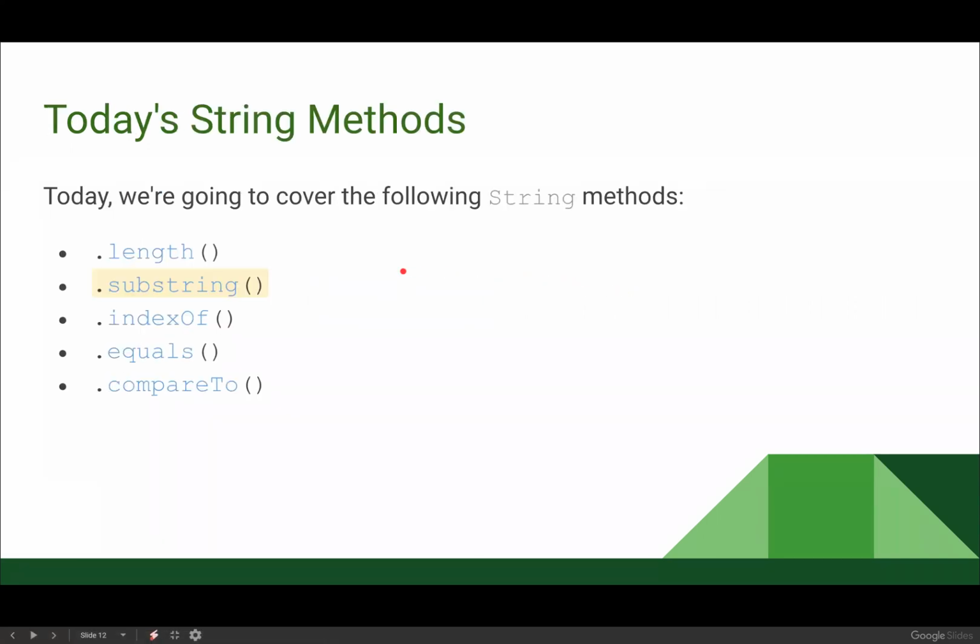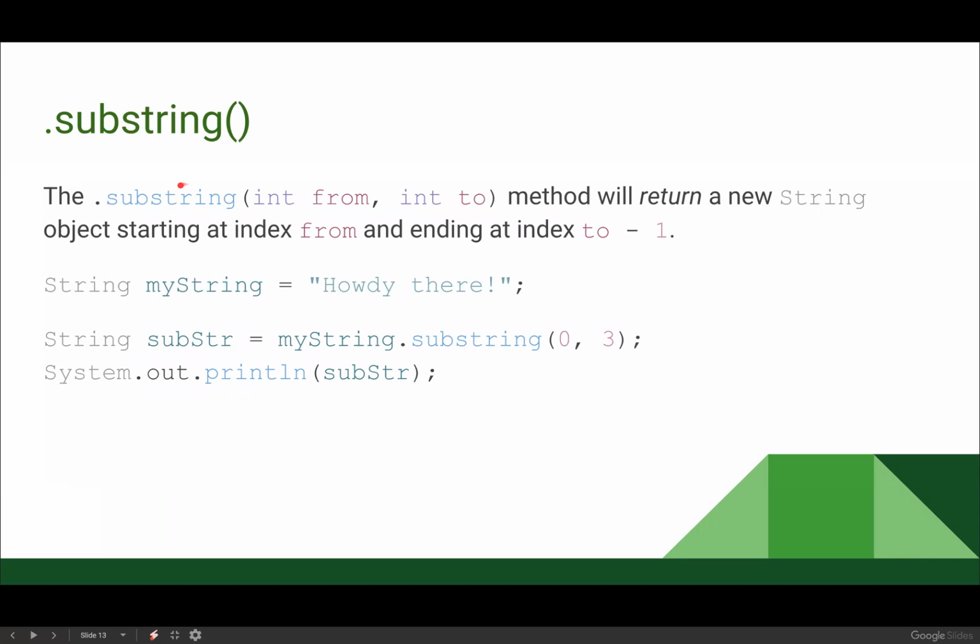All right. Next, let's talk about substring. This one's going to be a little bit more complex. So a string.substring, we're going to give it 2 numbers. We're going to give it a from, and we're going to give it a to. So it's going to return a new string object starting at the index from, so starting at the first number, and ending at the index to minus 1.